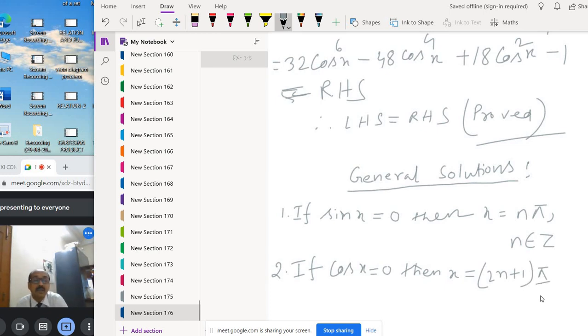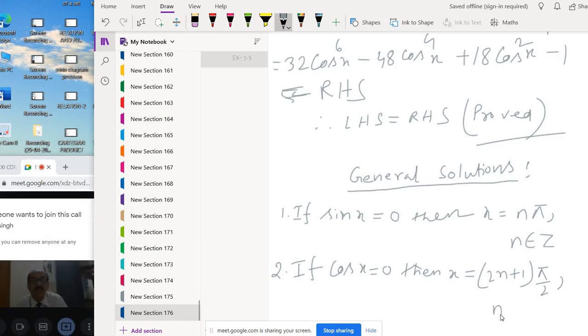Cos 90 is 0, so in general x equal to 2n plus 1 into pi by 2, where n belongs to Z, integer.